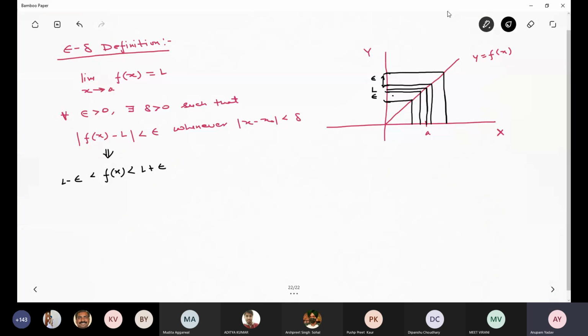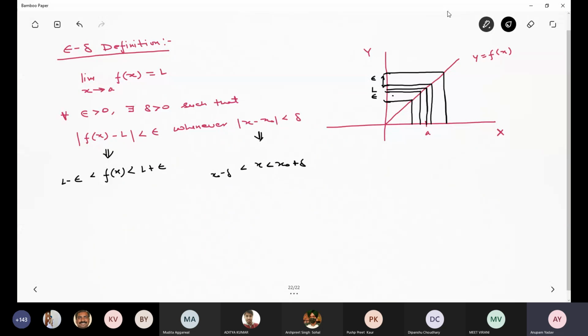If I choose any particular epsilon, and according to that epsilon I am getting a delta, then if you solve this inequality, it gives you x less than x naught plus delta and greater than x naught minus delta. So it means we are getting an interval which is covering x naught.